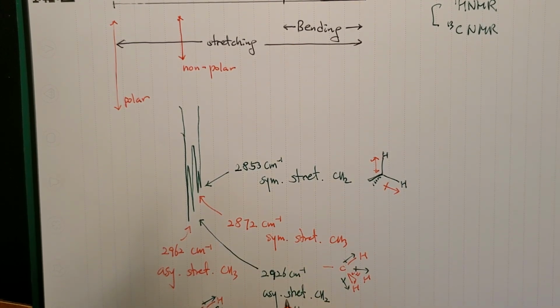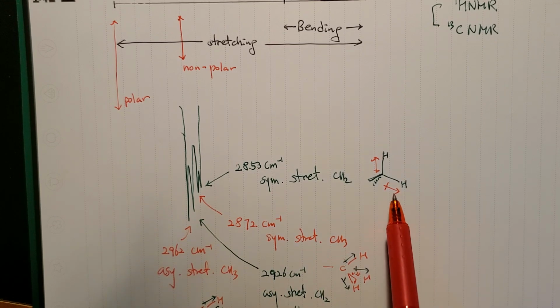So the asymmetric stretching of methylene is happening sort of the way I described earlier with the methyl group. One stretching out, the other one stretching in, and then reverse. The process keeps going on. That shows a little higher frequency than the symmetrical stretching.